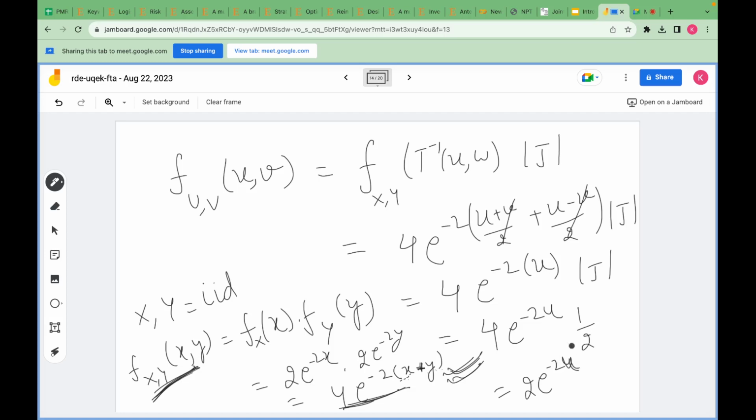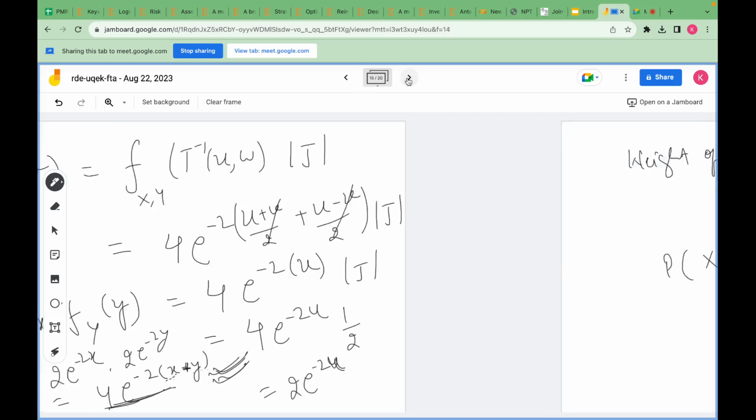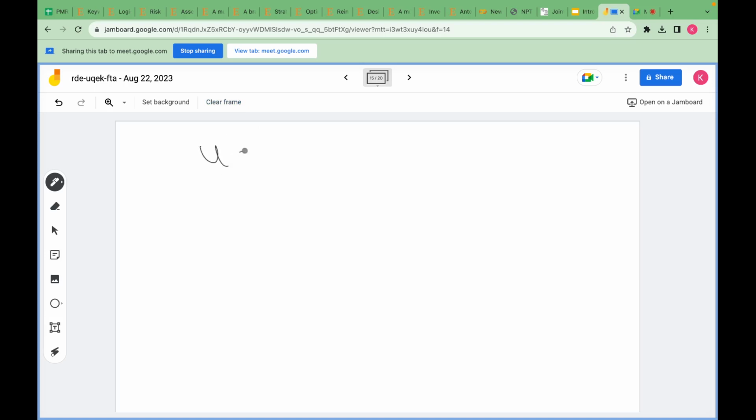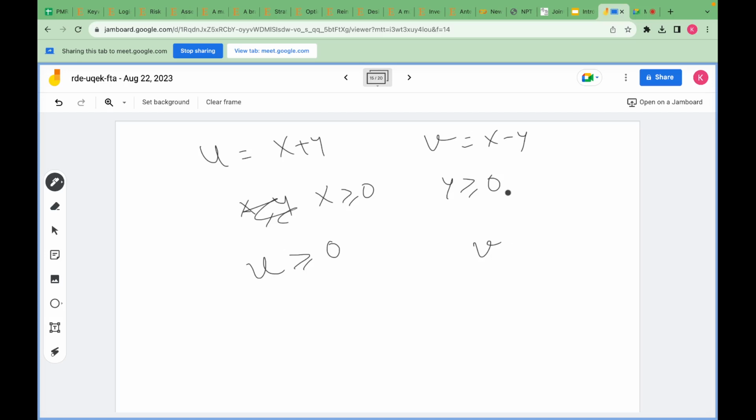Okay. So now we will check the limits for u and v. u is x plus y and v is x minus y. x is greater than 0 and y is greater than 0, so u is always greater than 0, and v will vary from minus infinity to infinity.